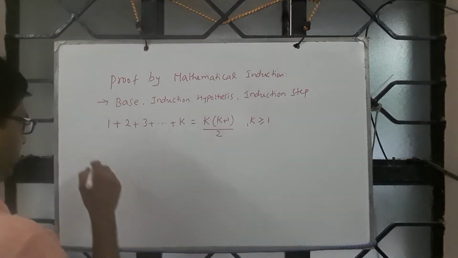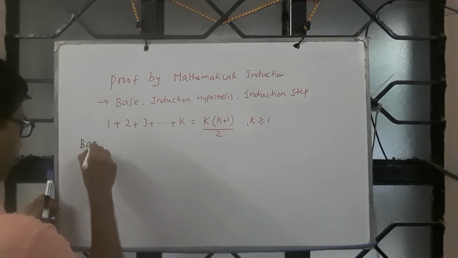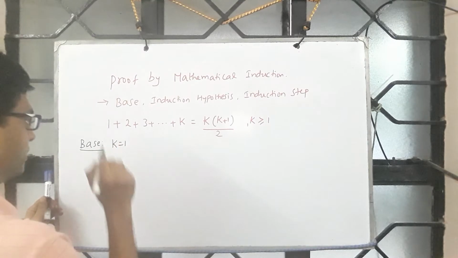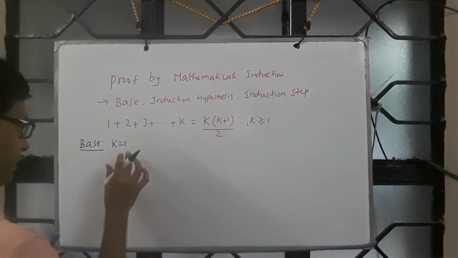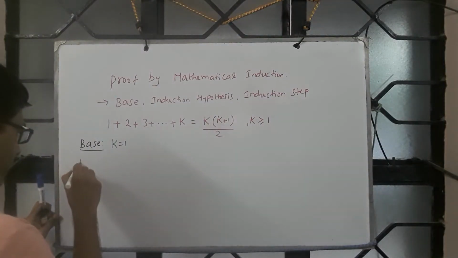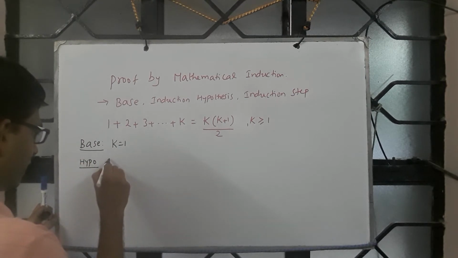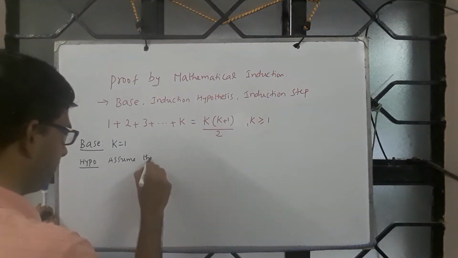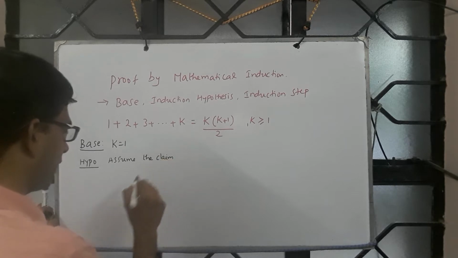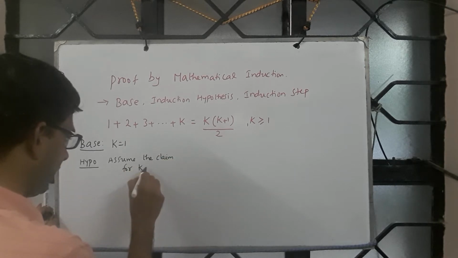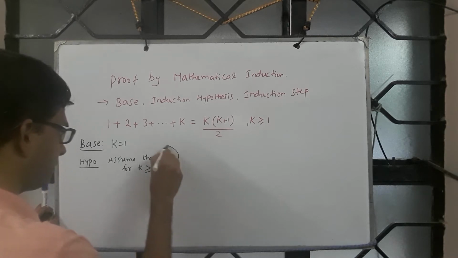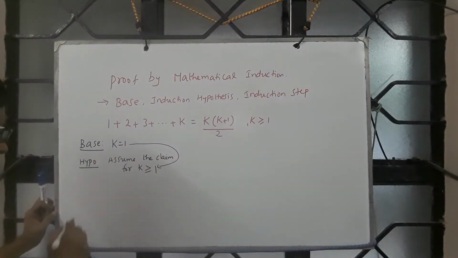So we had something called the base case. As part of that, we have established for smaller values, k equal to 1 and 2 and so on. Let's assume 1 is done. Then the hypothesis: we said assume the claim for k greater than or equal to 1, and this value comes from the base case.